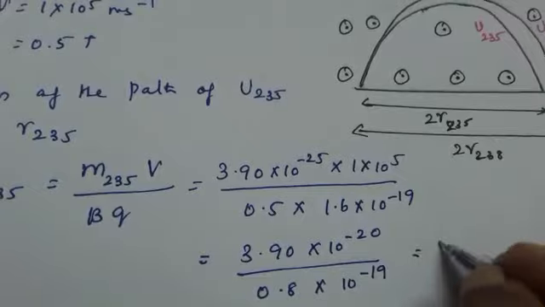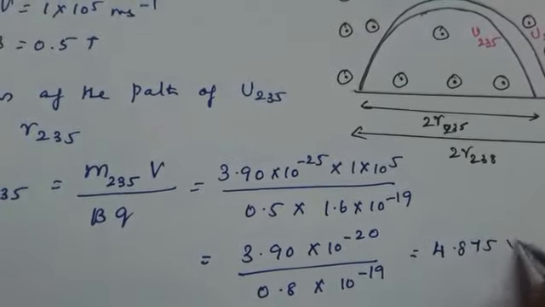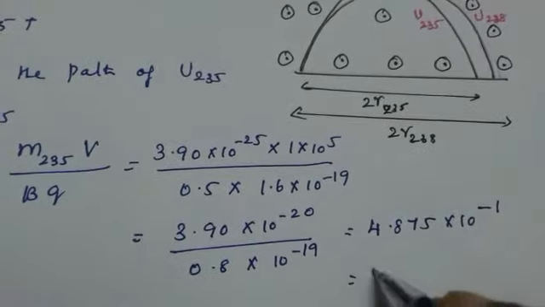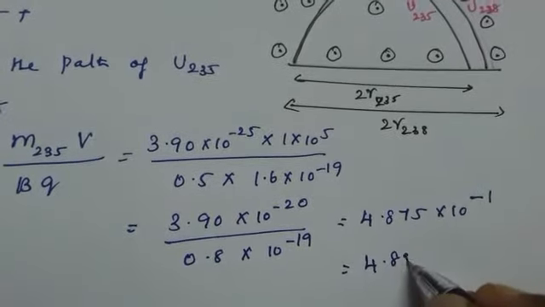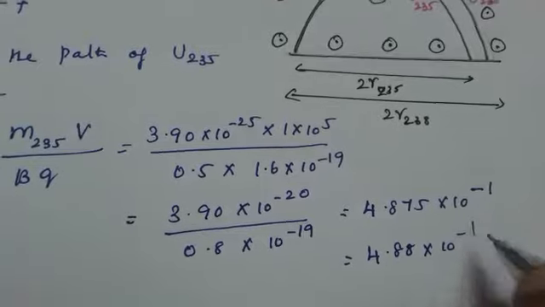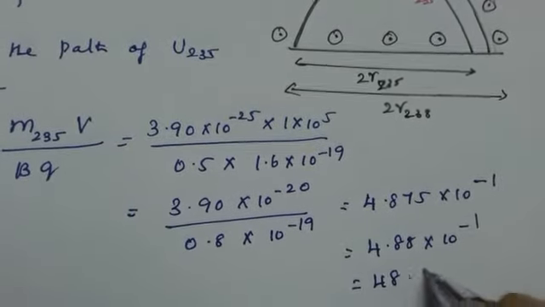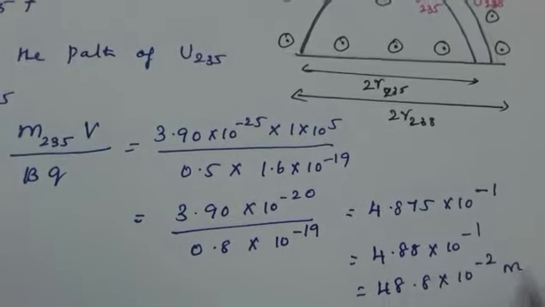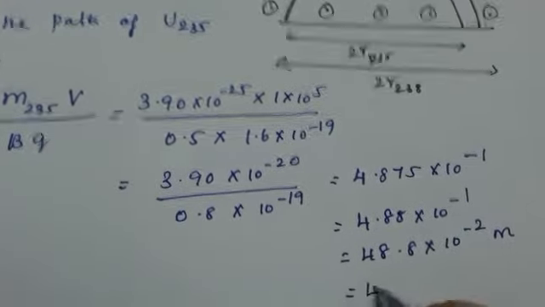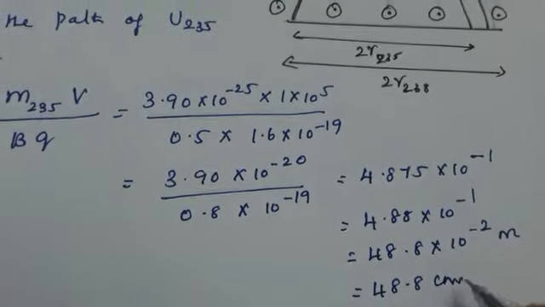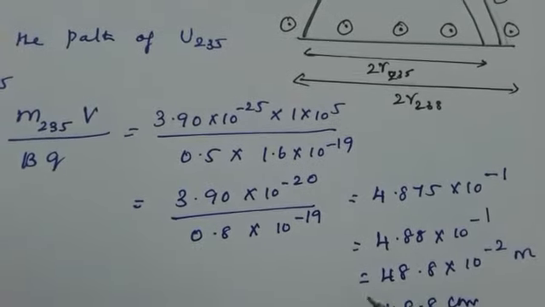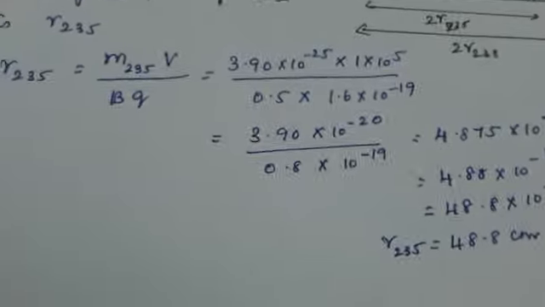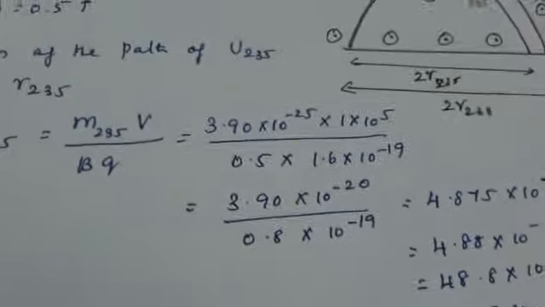So you'll be getting 4.875 into 10 raised to minus 1. This can be written as 4.88 into 10 raised to minus 1, or 48.8 into 10 raised to minus 2 meter. In centimeter, that is 48.8 centimeter. So this is your radius of uranium-235.